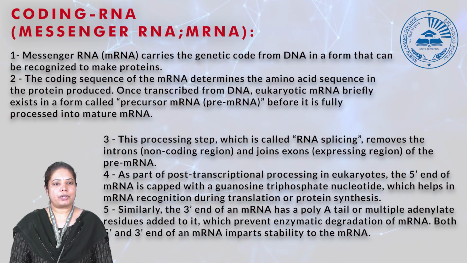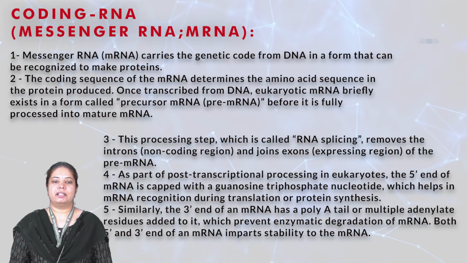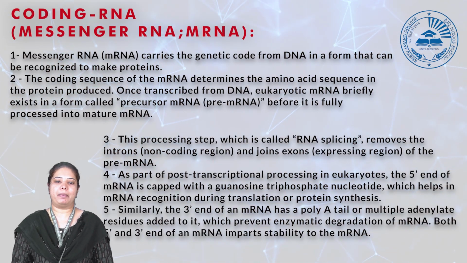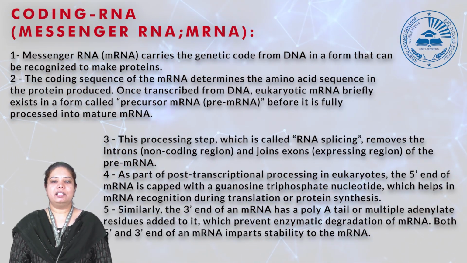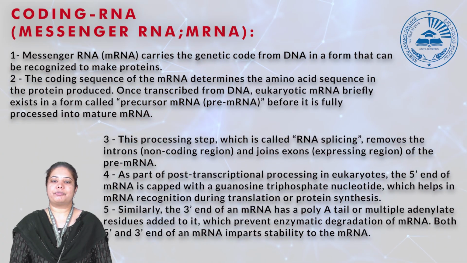As part of post-transcriptional processing in eukaryotes, the 5' end of the mRNA has a cap, a guanosine triphosphate nucleotide, which is the mRNA capping. The 3' end of the mRNA has a poly A tail. These two regions serve as the capping and tailing of the mRNA.